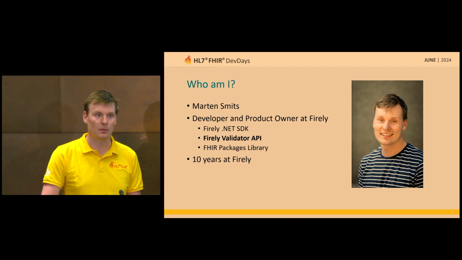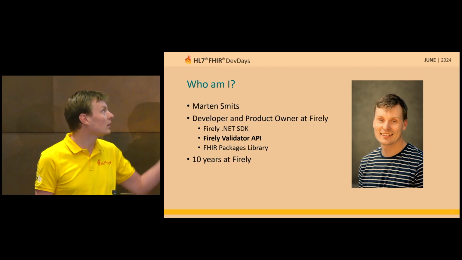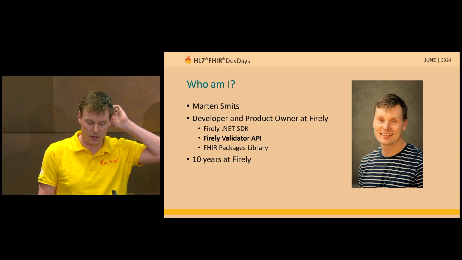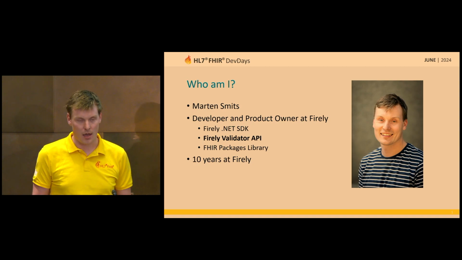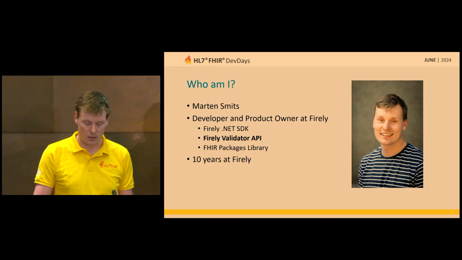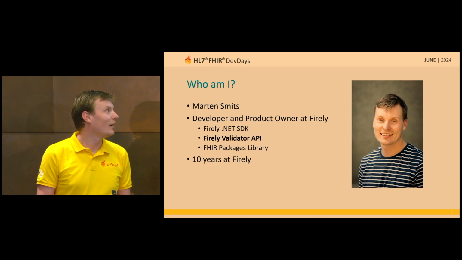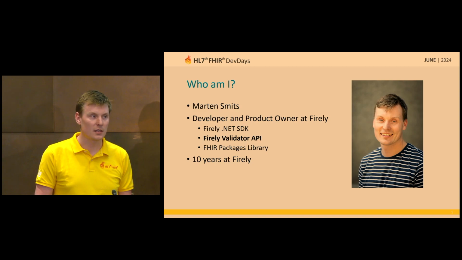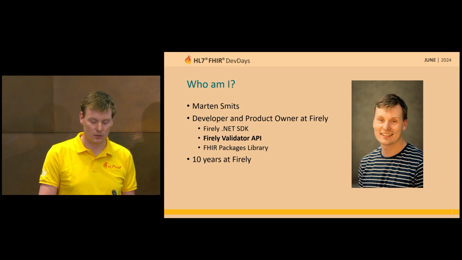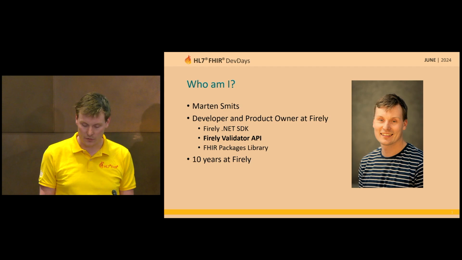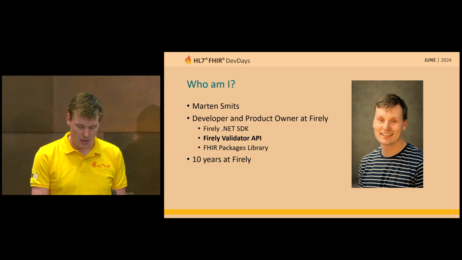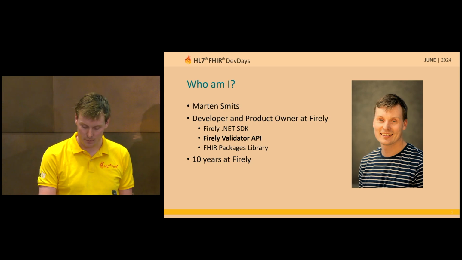And next to that, we have a couple of helper libraries. One of them I'm going to talk to you about is the Validator API. And we have a package library as well. We have some more smaller ones, but less important, I guess. I've been working for 10 years at FHIR, first starting off as a consultant and then slowly growing into the developer side of things. And today it's validator time.